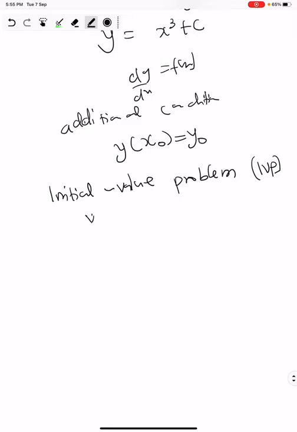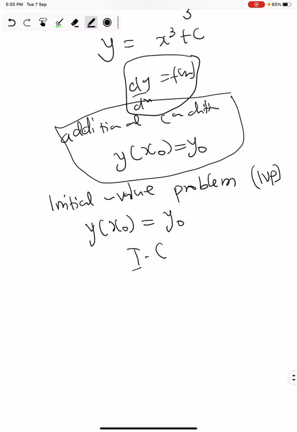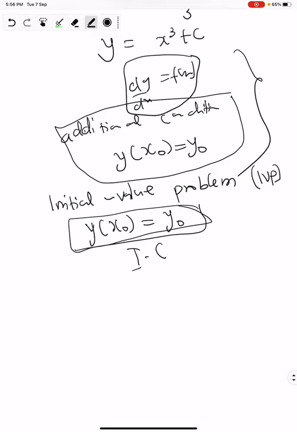The condition y of x naught equal to y naught is known as the initial condition. So if we want to find a solution to this simple differential equation with an additional condition, such a problem is known as an initial value problem, and this condition is the initial condition.